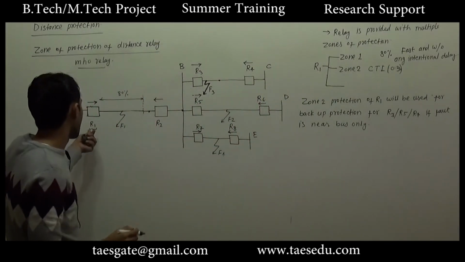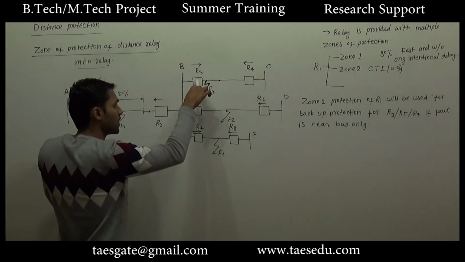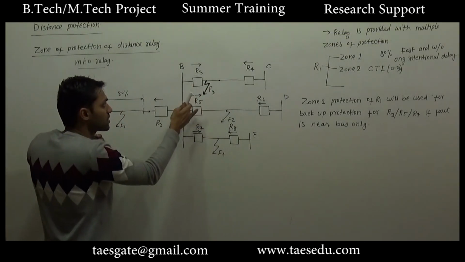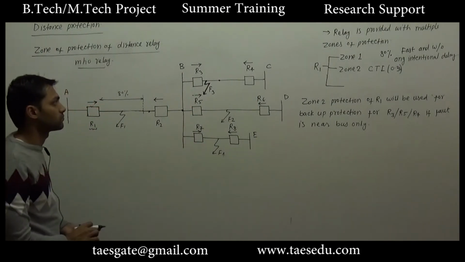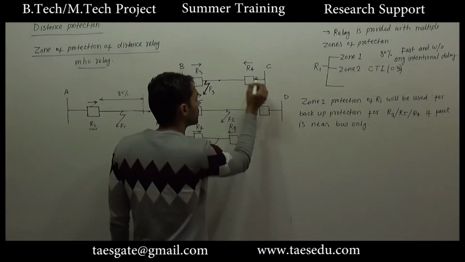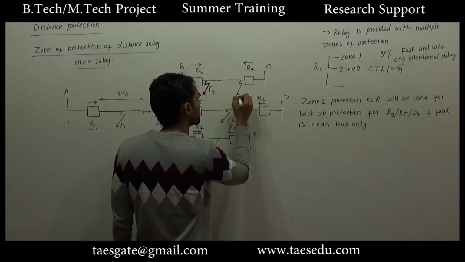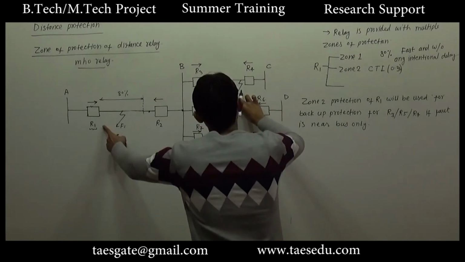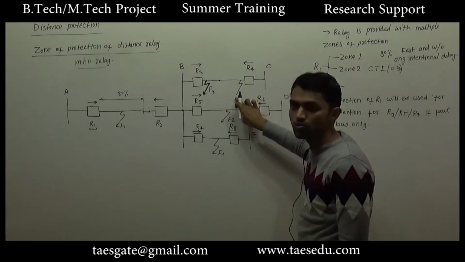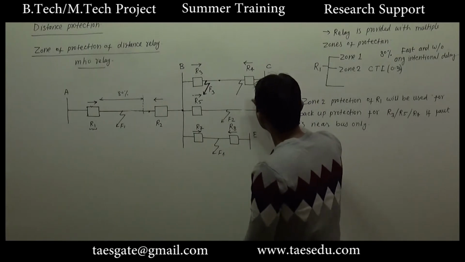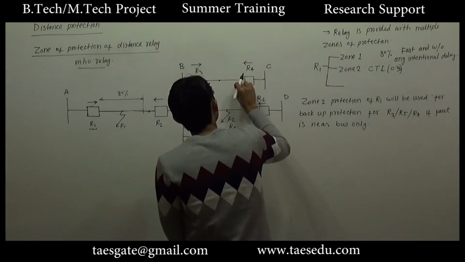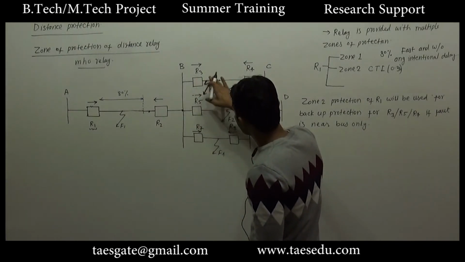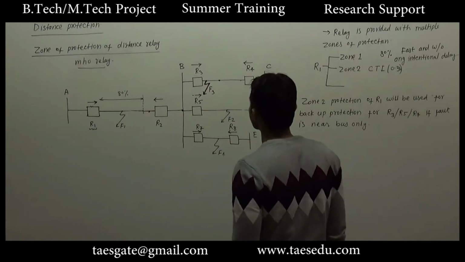What I am saying is R1 will provide backup protection for R3, R5 and R7 for those faults only which are near bus P. Let's say a fault occurs near bus C at this point. For this point, the zone 2 protection of R1 is not going to provide backup protection. The zone 2 of R1 will provide backup protection only for those faults which are near bus B.